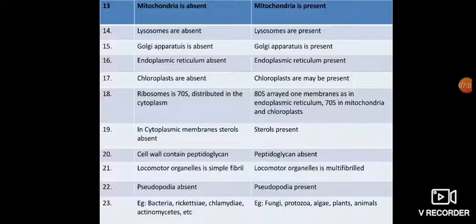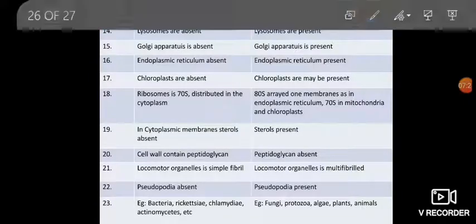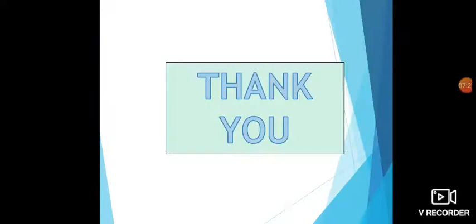Examples of eukaryotic cells are fungi, protozoa, algae, and different types of plants and animals. So these are the different differentiating points between eukaryotic and prokaryotic cells.